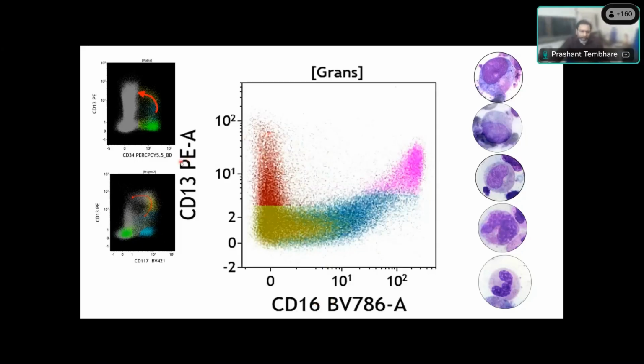So by just combining CD13 and CD16, we can identify promyelocyte, myelocyte, metamyelocyte, band forms, and then neutrophil. This antigen expression closely matches the different stages of maturation with the morphological stages. So this is how the maturation takes place.